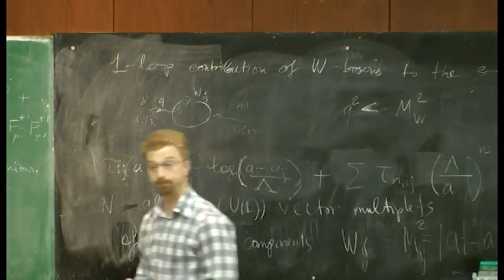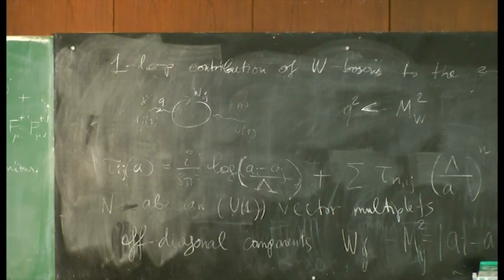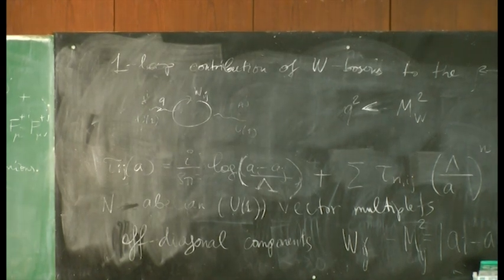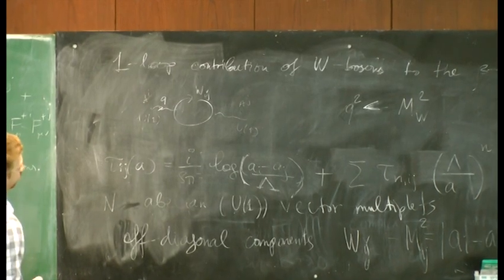Is there a simple way to see that there is no higher perturbative correction? I don't know what the simplest way is.